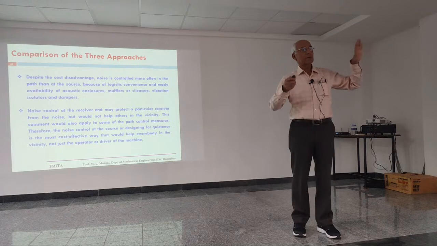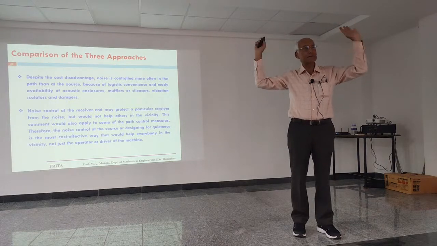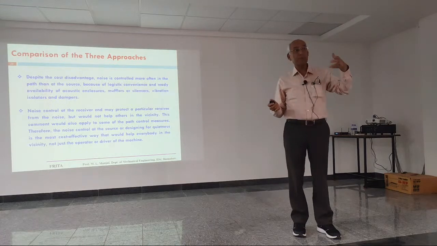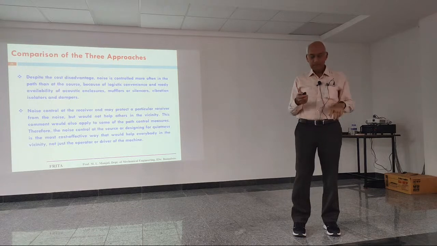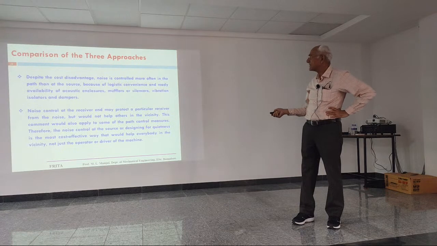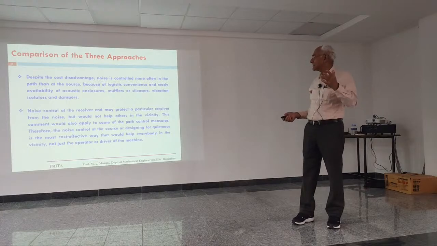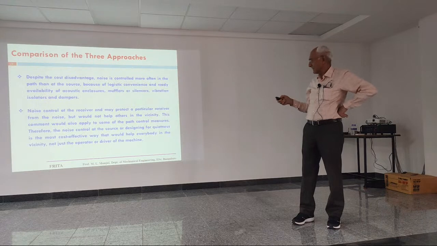Most of the time, you go anywhere, machines are already bought from somewhere by somebody. So that option is not there, and you only have the next option, designing path measures. It's relatively costlier, but still it is done because it is easily done. You have silencers, mufflers, and vibration isolators available in the market, or you can easily design them yourself and use them.